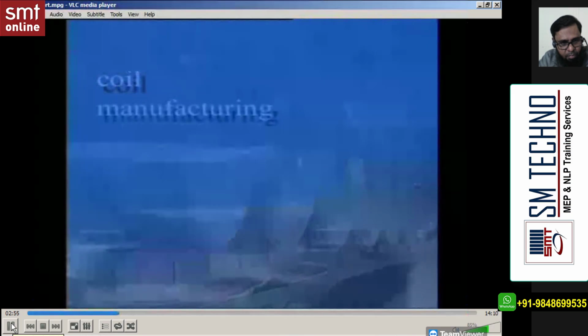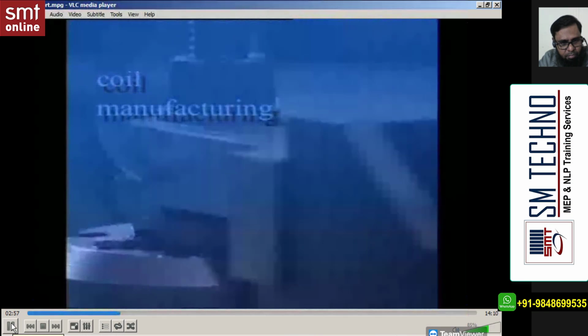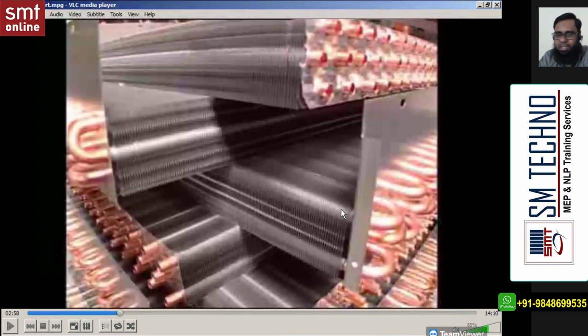One essential component in air conditioners must be the heat exchanger in its dual application. Here you see, this is a heat exchanger. It can be used for the condenser or for the evaporator. The size is different, but the component is the same. Both are heat exchangers. And here you can find the copper tubes, and these are all fins.